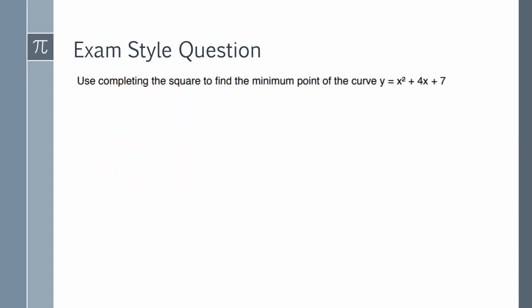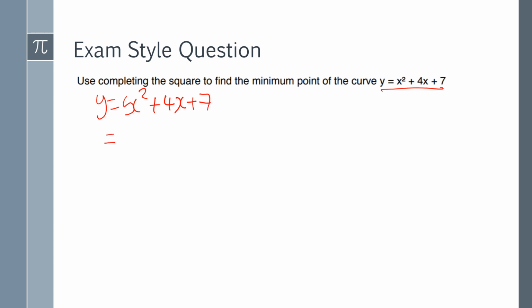The next exam style question, pause the video and try to solve it on your own as well. Okay, so the question tells us to find the minimum point of this quadratic equation. So the equation is y equal to x squared plus 4x plus 7.